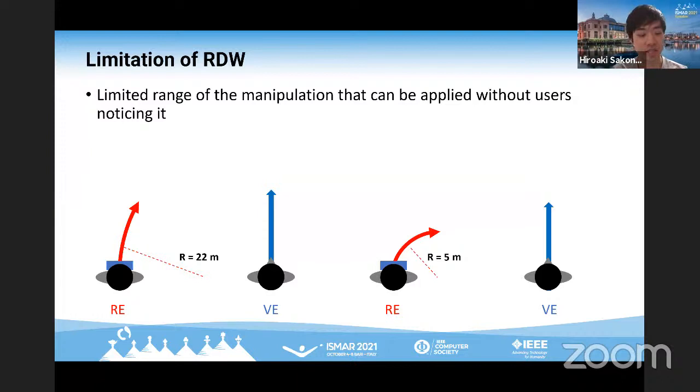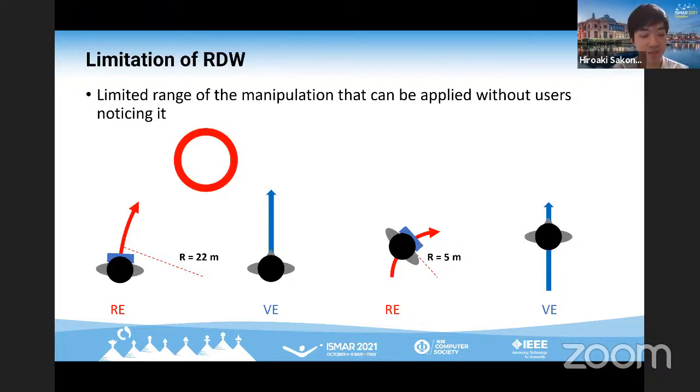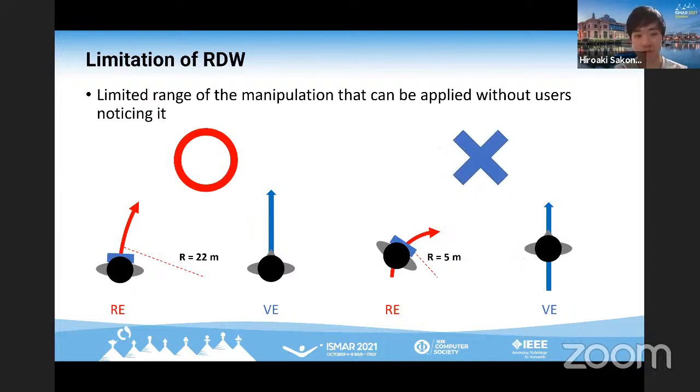The limitation is that there is a very limited range of gain that can be applied without the user noticing. For example, when applying curvature gain, if the radius of the real path is 22 meters, the user will not notice the manipulation. But if the radius is 5 meters, the user will notice the manipulation and it will cause a great deal of discomfort.